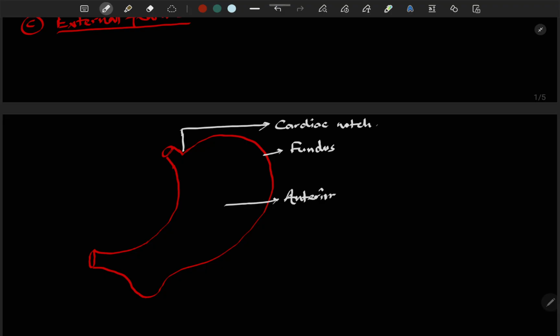This is the anterior surface. This one is the greater curvature. This one is the lesser curvature.